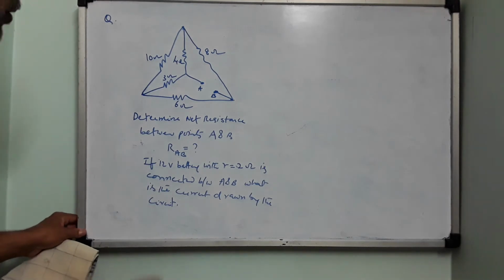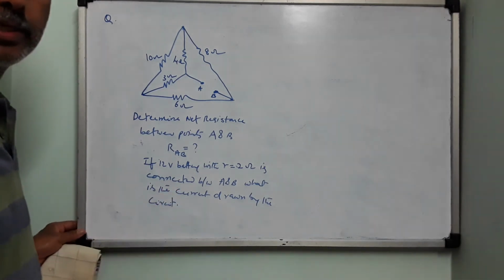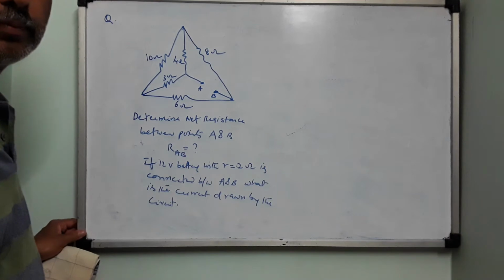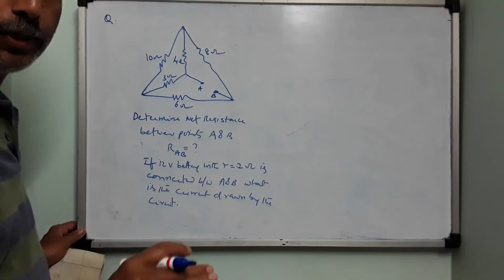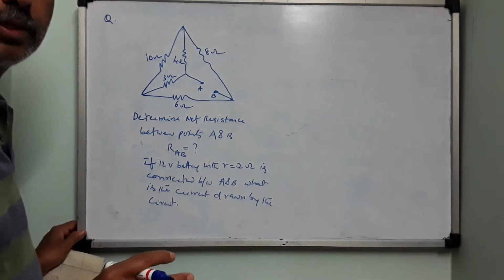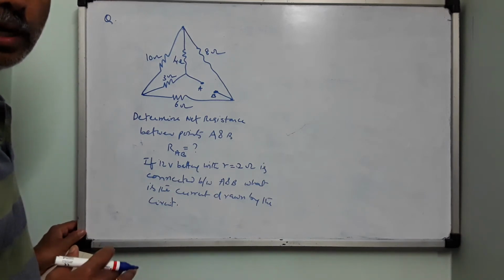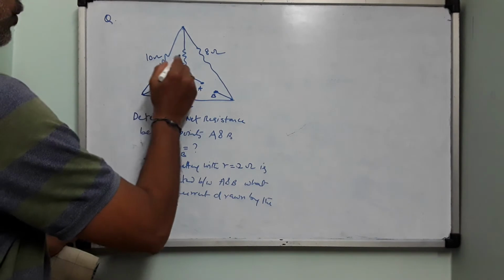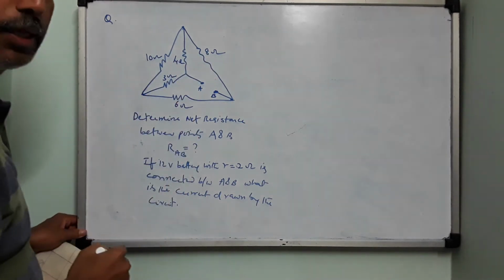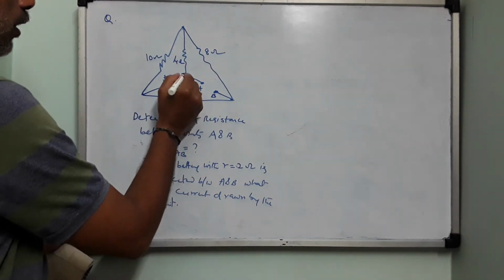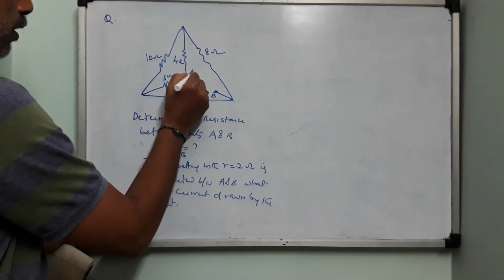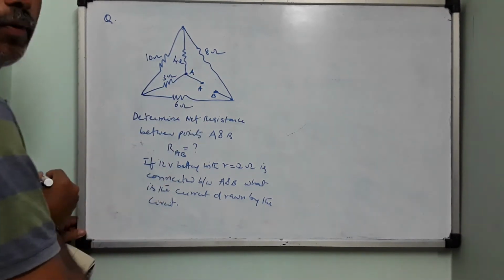Children, in the previous class when we were discussing Wheatstone's bridge, we discussed that whenever you see 5 resistances, just think of whether it can be connected in the form of a Wheatstone bridge or not. Now we have 1, 2, 3, 4, 5 resistors. Here this is A, so this point also can be A, because after all this is a connecting wire.